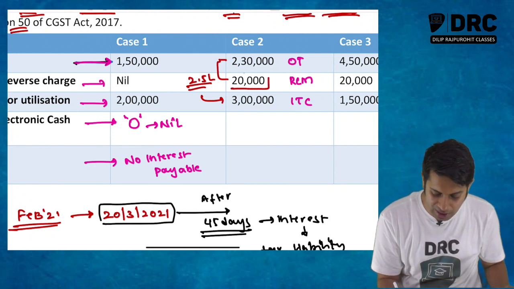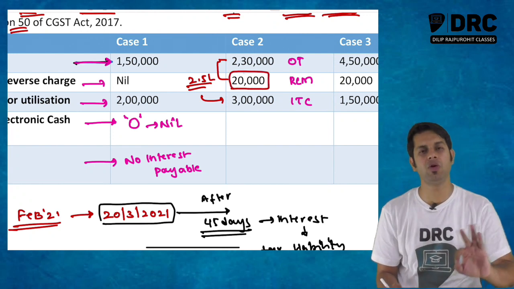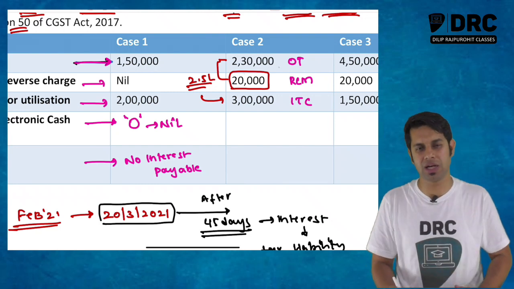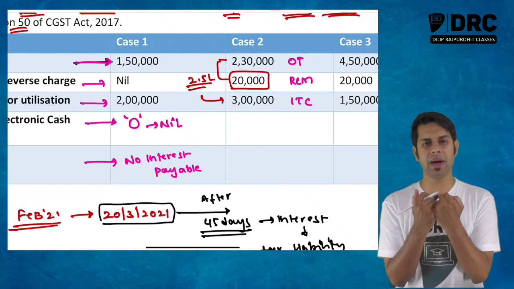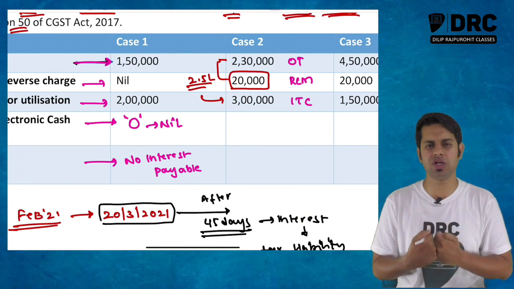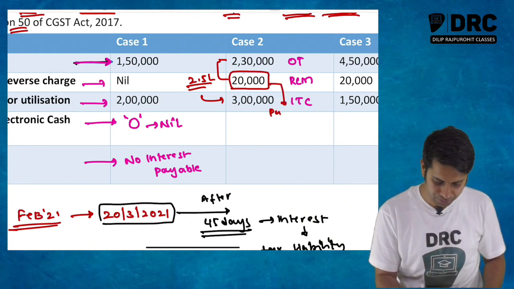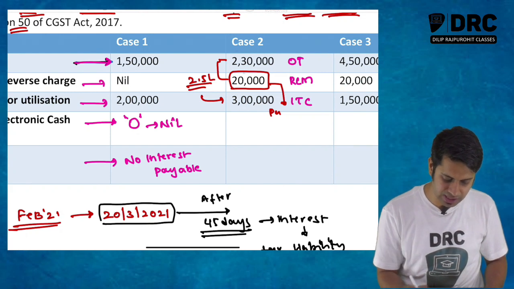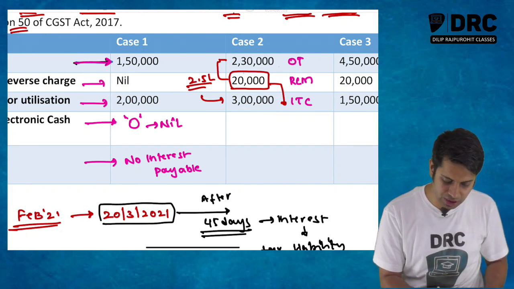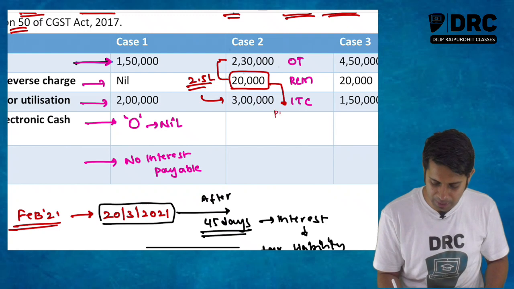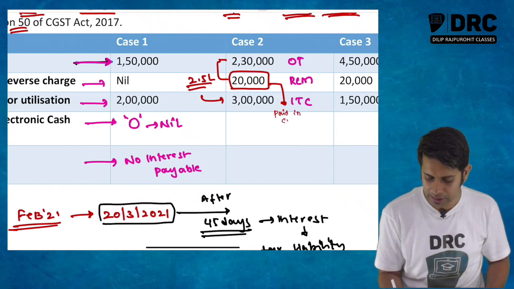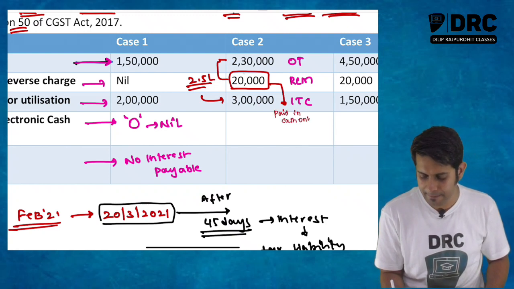But here the beauty is, whenever you are required to make a payment of tax as a recipient under reverse charge mechanism, that tax is compulsorily required to be paid by you in cash only.